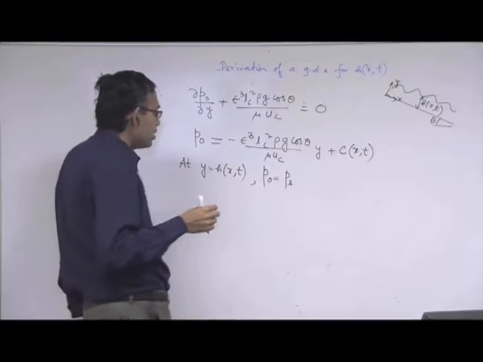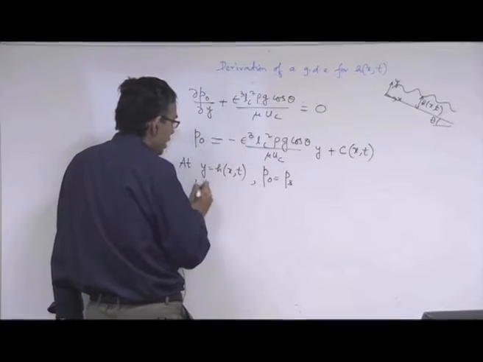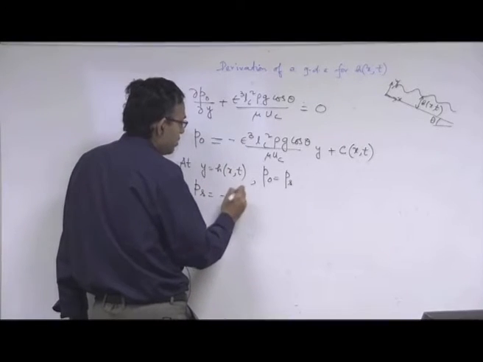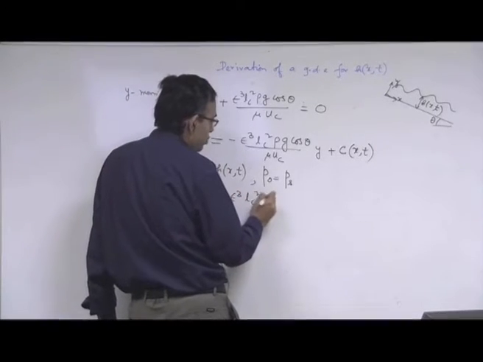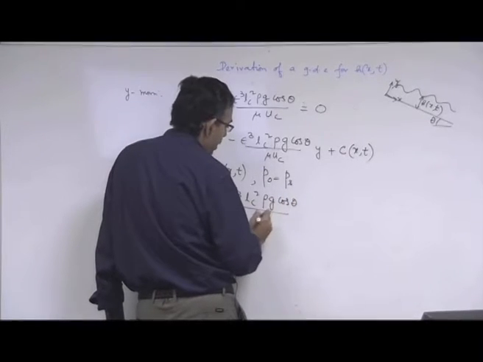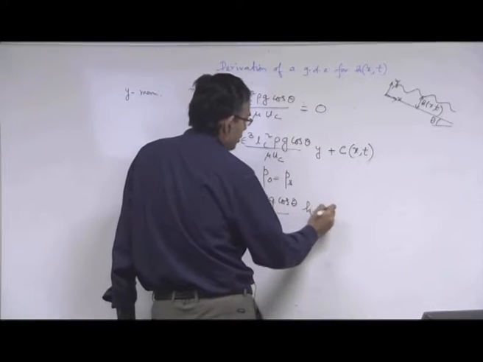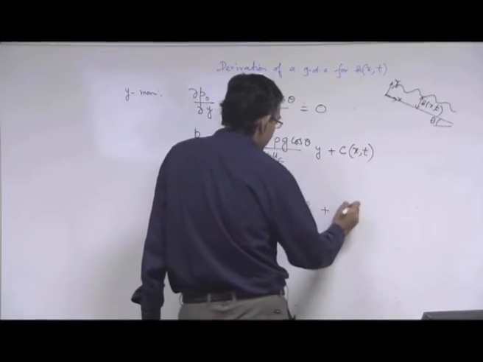So at y equal to h, Ps is equal to minus epsilon cube LC square rho g cos theta by mu uc h plus C of x and t.